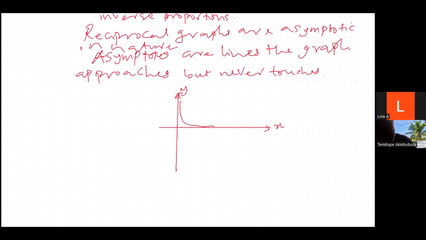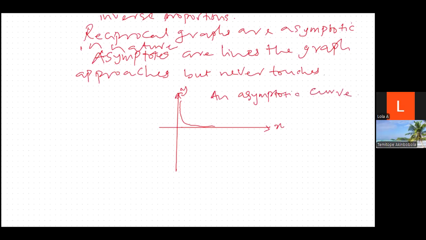The graph is tending towards touching the X-axis and Y-axis, but it will not touch them. So this is an asymptotic curve. Do you get that now? An asymptotic curve.